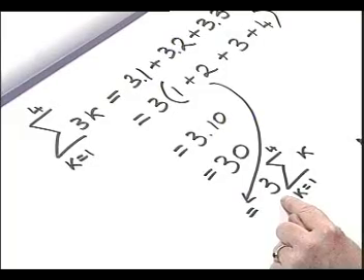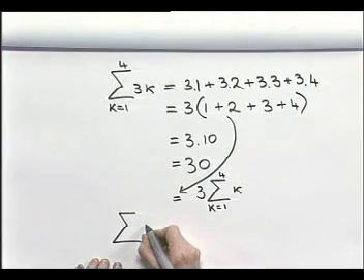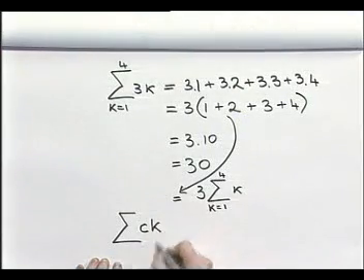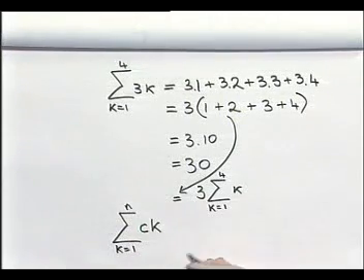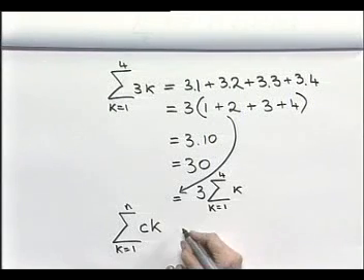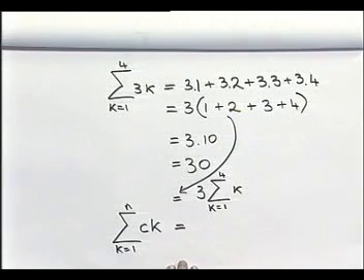So more generally, if we've got the sigma of ck from k equals 1 to n, what will that equal? Well, quite easy.